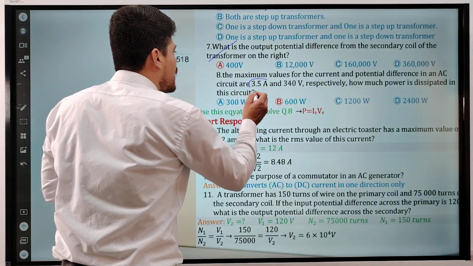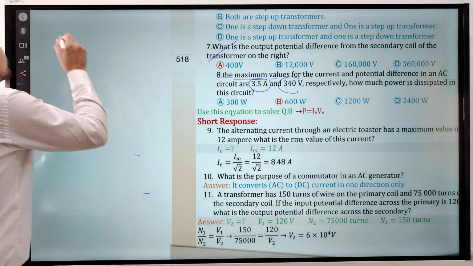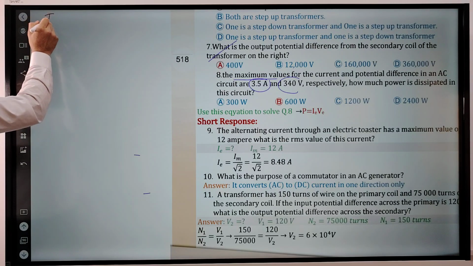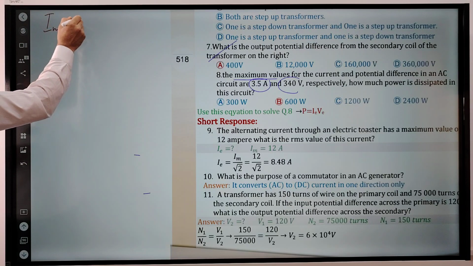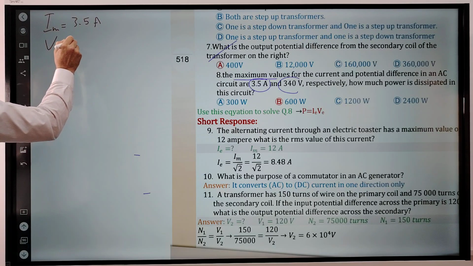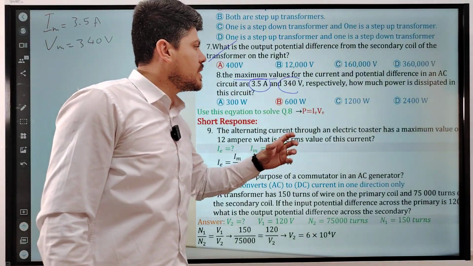What are these two values? The maximum values. Which means that Im is equal to 3.5 ampere, Vm is equal to 340 volt, respectively.